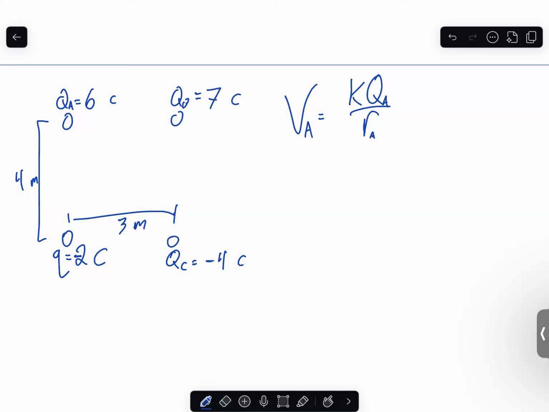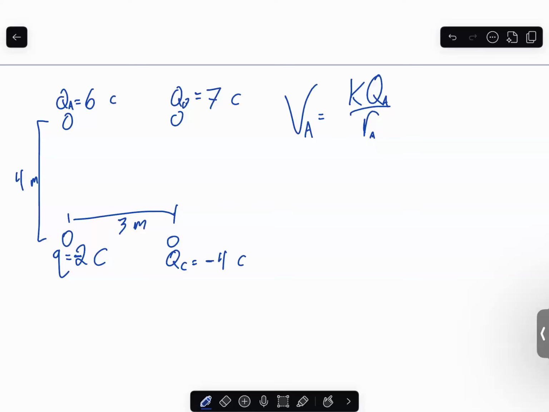I suggest strongly, learn two and learn the connections between the rest. For instance, this is one I personally memorize. Voltage is KQ on R, and the electric field is KQ on R squared. If you know force is QE, and you know energy is QV, then you don't need to memorize the other half.